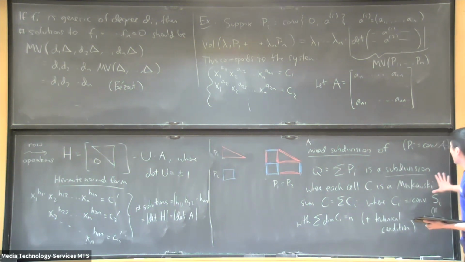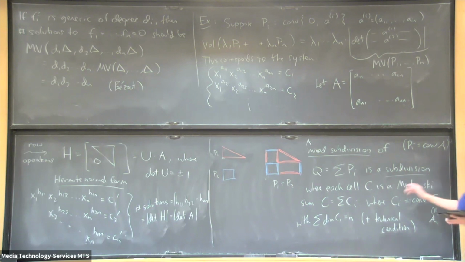But the point is that if you have this mixed subdivision, then the mixed volume will just be the sum of the volumes of the so-called mixed cells. That is, the ones which are just sums of line segments.